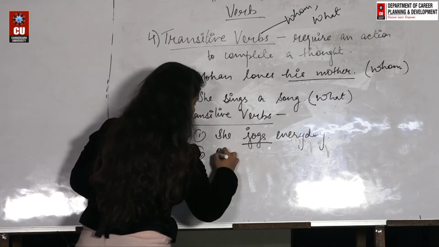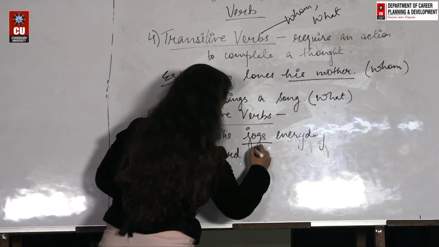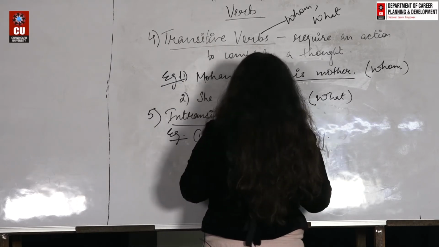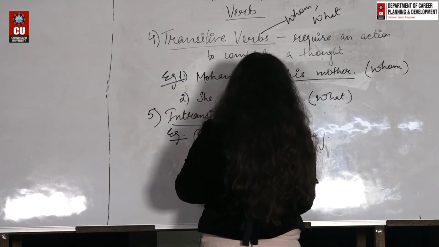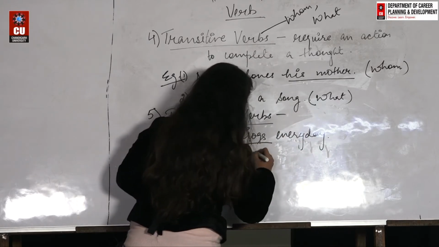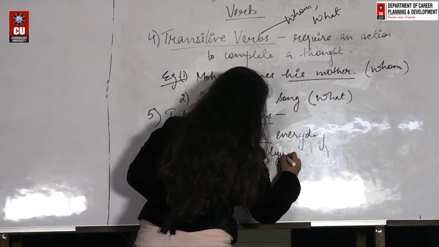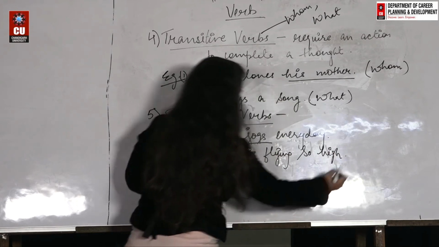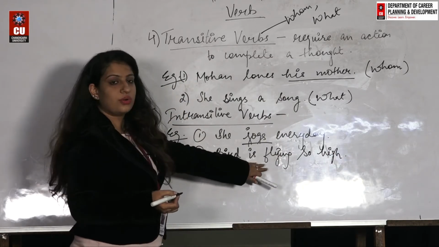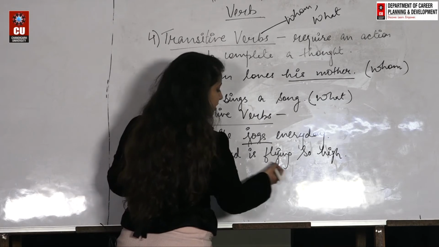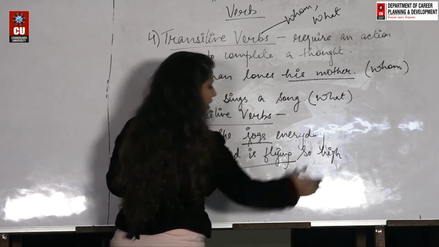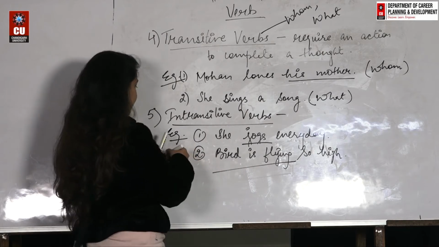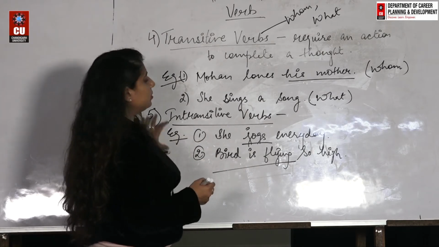Second example, bird is flying so high. So in this, bird is flying. If I remove so high, it will not affect the main sentence, that is, bird is flying. So this was about the verbs.